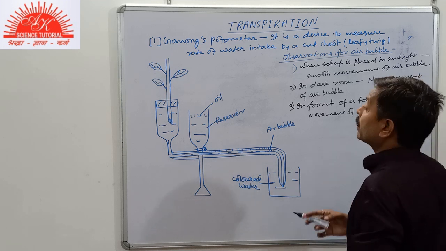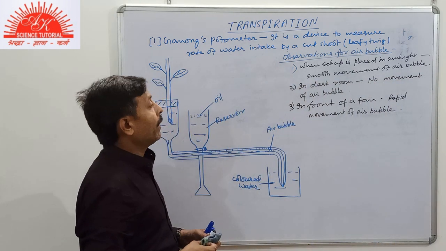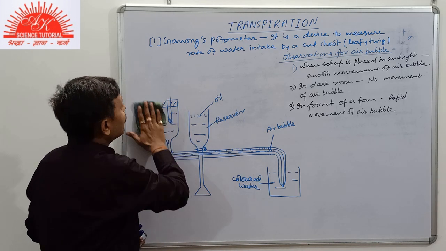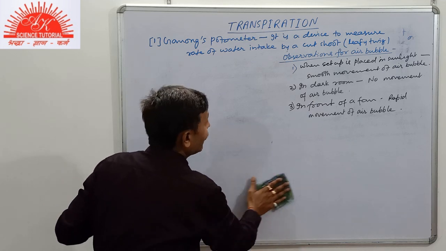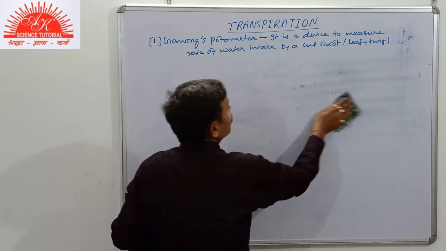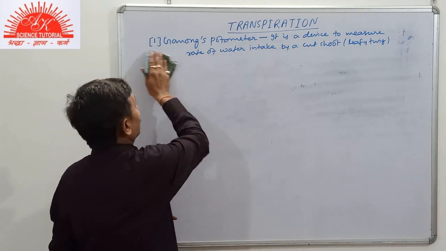Just we have discussed the reasoning related to it, that in front of a fan the water vapor is removed at faster rate away from it, and hence the rate of transpiration will be faster. So this is the question related to Ganong's potometer.